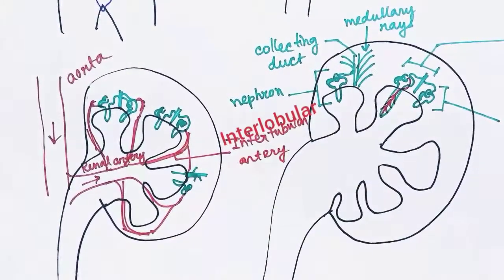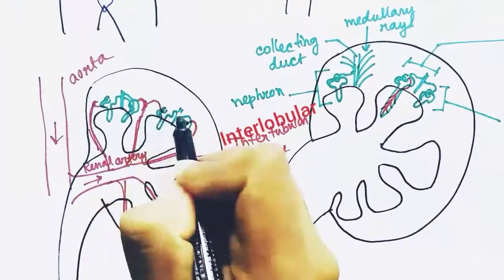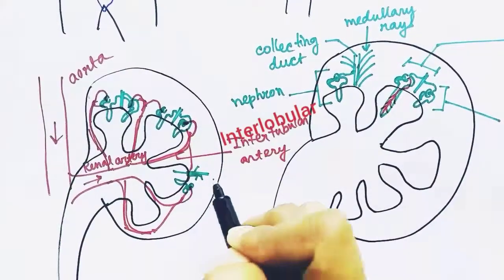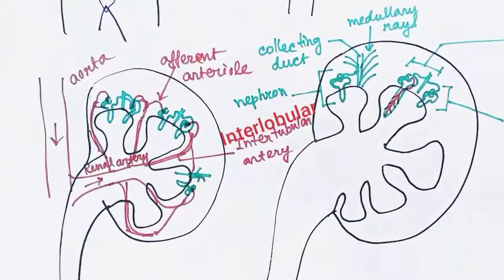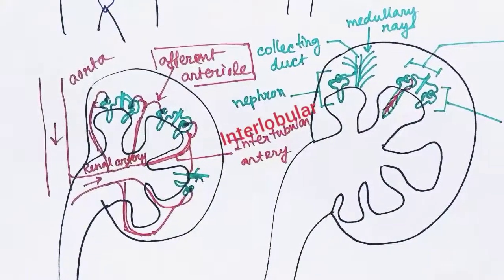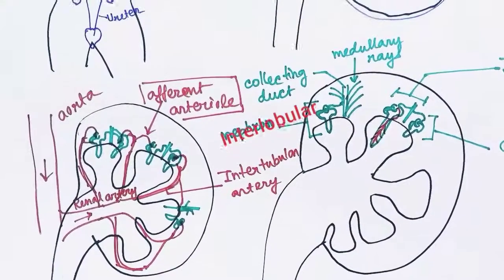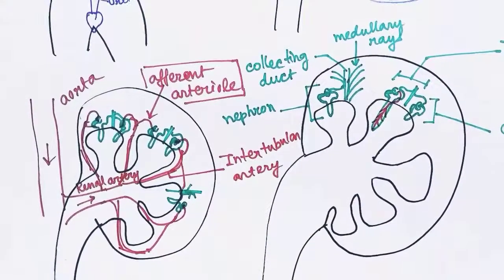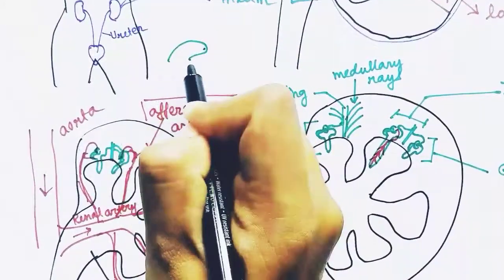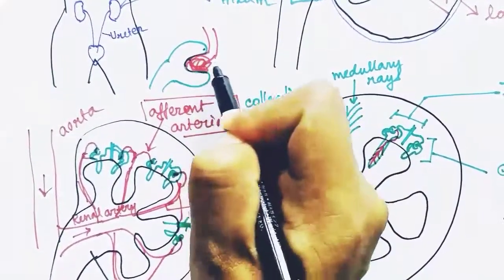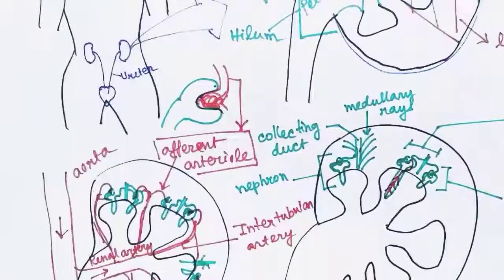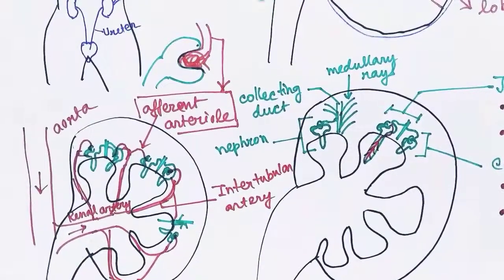And eventually it will give rise to afferent arteriole which will enter the glomerulus for filtration of the blood. This is the head of the nephron, the afferent arteriole going inside. After filtration, it will go outside as efferent arteriole.